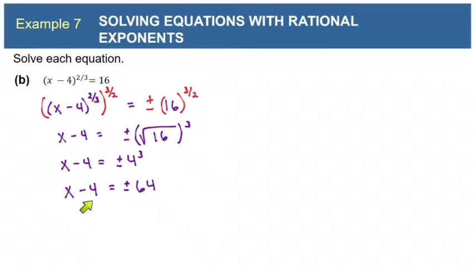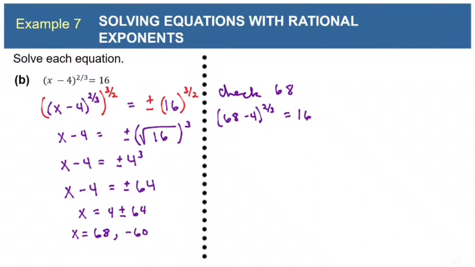So we have x minus 4 equals plus or minus 64. So we're going to get two answers here. Adding 4 to both sides, x equals 4 plus or minus 64. So if we do 4 plus 64, we'll get 68. If we do 4 minus 64, we'll get negative 60. And those two solutions must be checked.